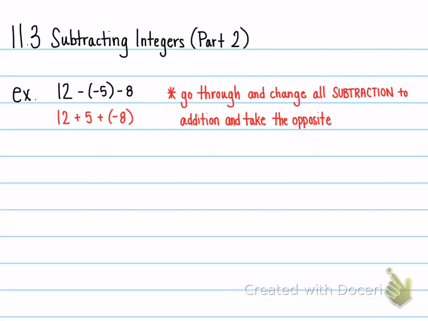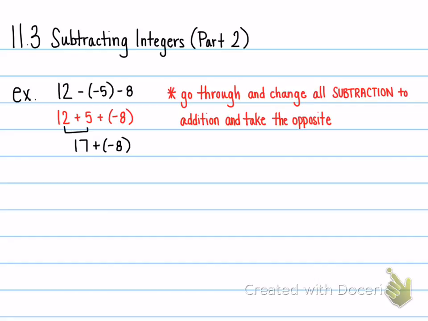Just like we did in the lesson for adding integers, we know that at this point, it's best to go through and add the like signs first and be left with the opposite signs at the end. So if I have 12 plus 5 plus negative 8, I'm going to add the 12 plus 5 first, which is 17, plus negative 8.